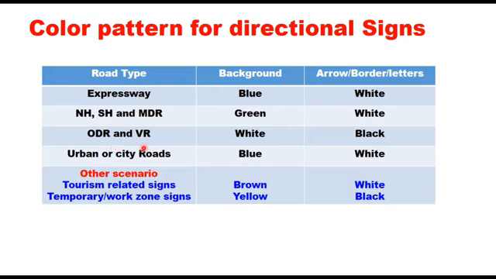For ODR and VR, village road, background is white and arrow, border, letters are in black color. For urban and city roads, the background is blue and letters are white. And for other scenarios like tourism related signs, it is brown and white, and for temporary or work zone signs, it is yellow and black.